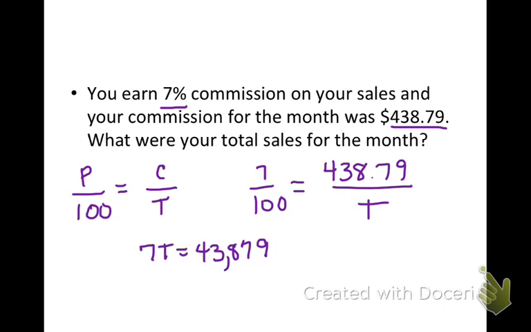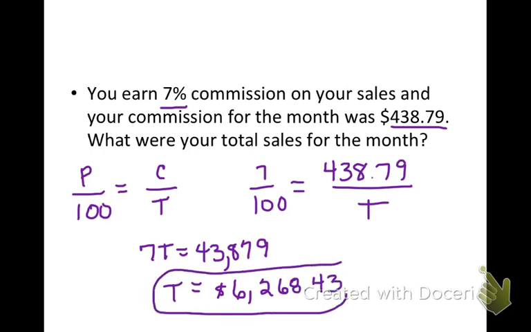So then we would have this equation, and if we solve it, we get our total sales of $6,268.43. Make sure you're doing these calculations along with me so that you understand where these numbers are coming from.